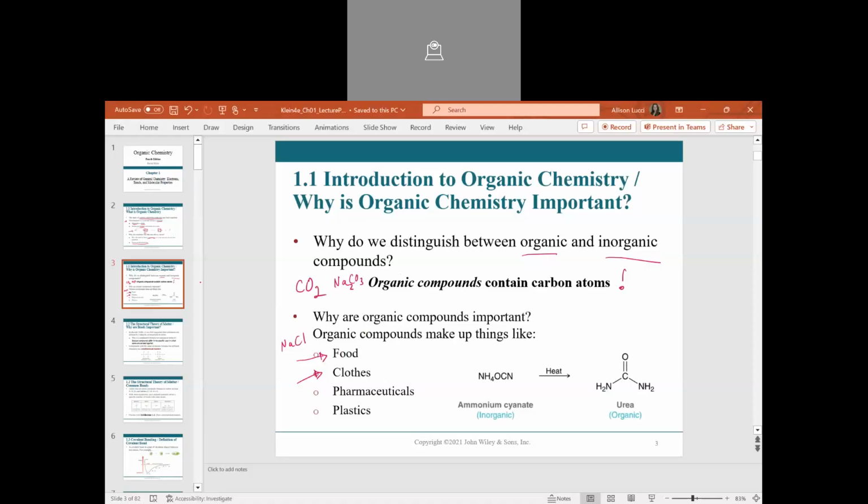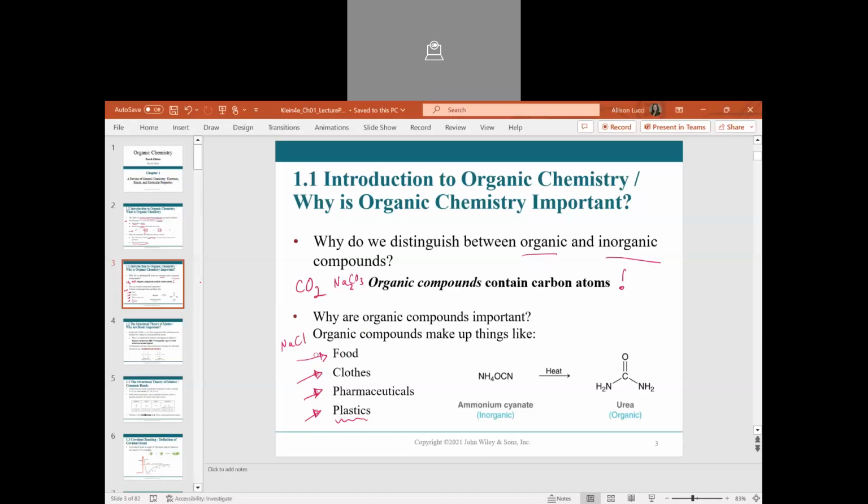So a lot of clothes are organic compounds or organic polymers. Pharmaceuticals wouldn't exist without organic chemistry, and a lot of polymers, or specifically plastics, are also organic compounds.